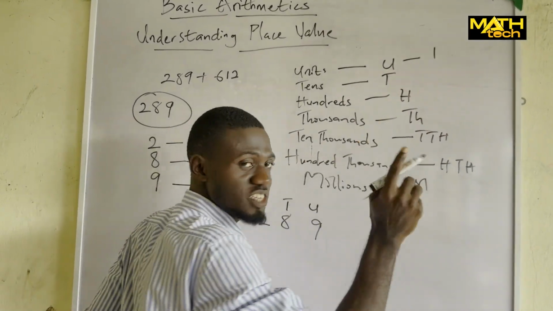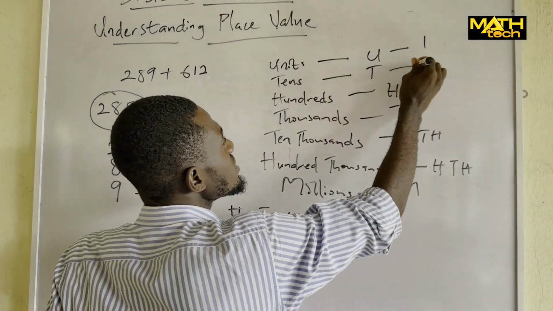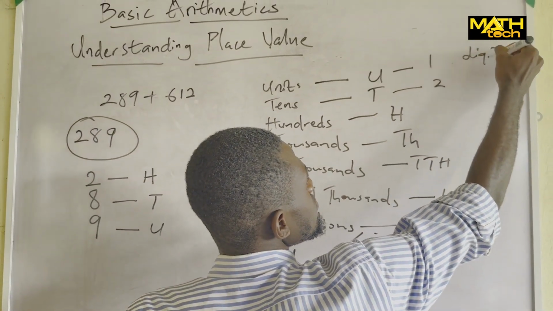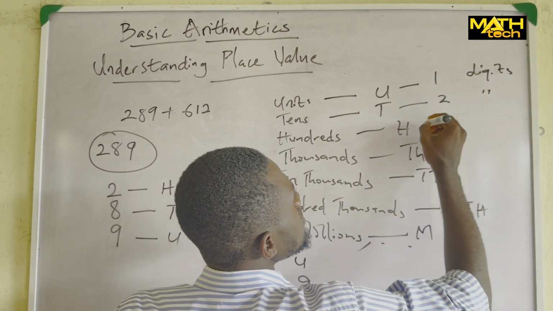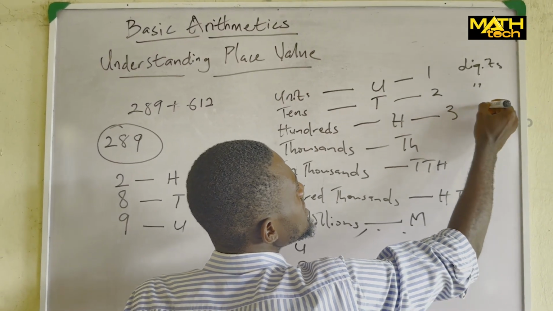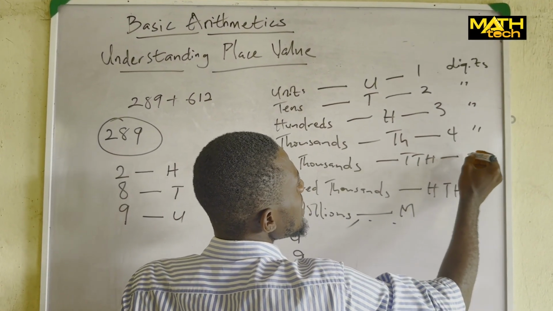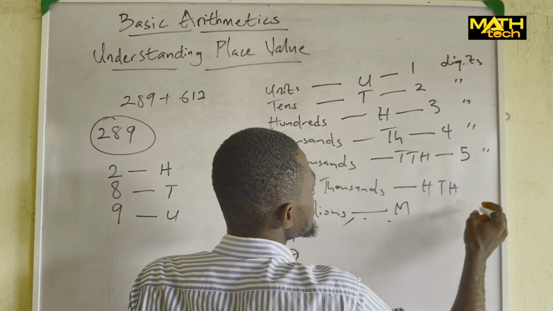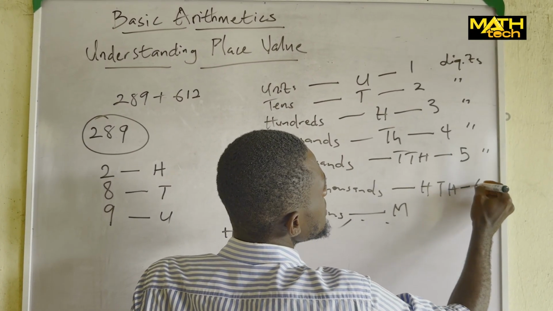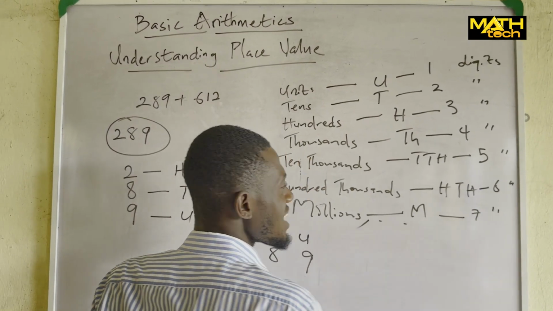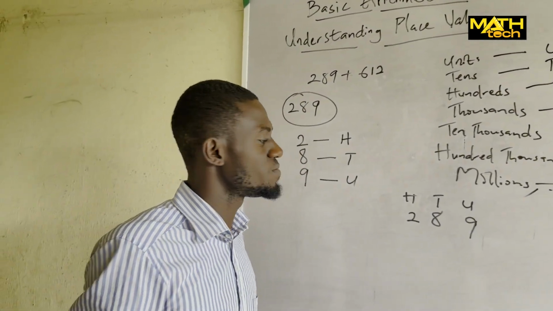The tens contains 2 digits. The hundreds contains 3 digits. Thousands contains 4 digits. 10,000 contains 5 digits. 100,000 contains 6 digits. And millions contains 7 digits as it counts further.